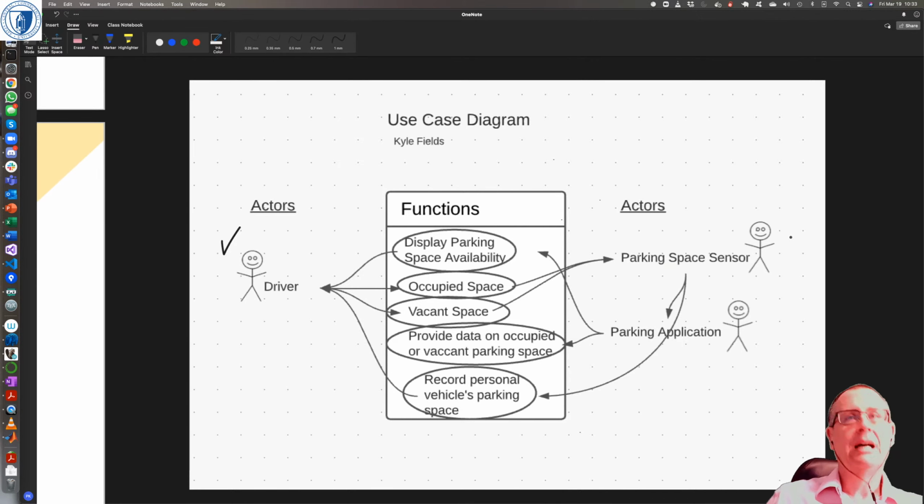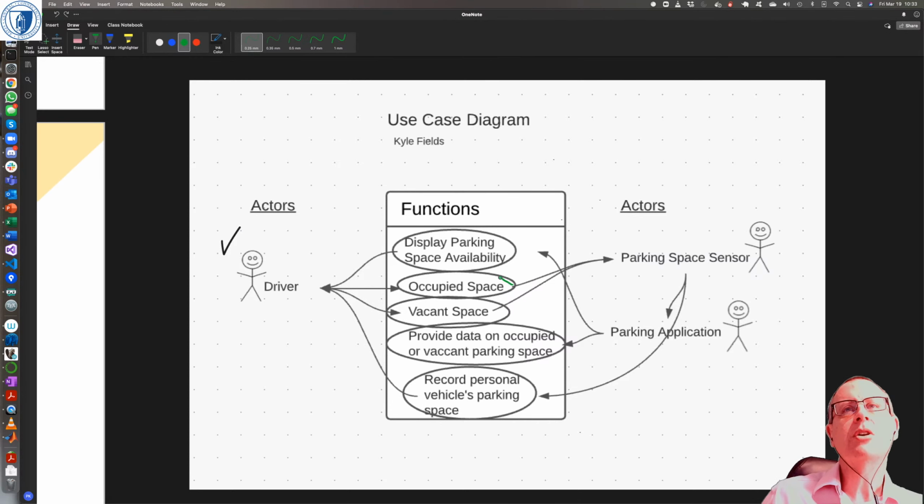Okay, and then let's have a look at the functions. Display parking space availability. That is exactly right. That's the prime aim of what you're trying to do. I'm not sure about these two. Let me use a different color.